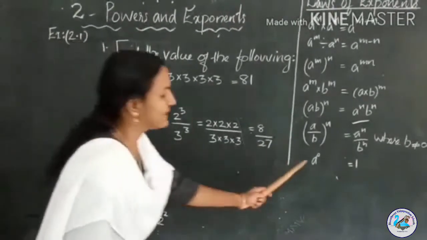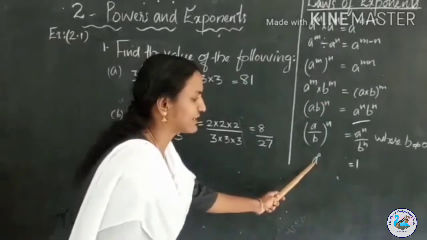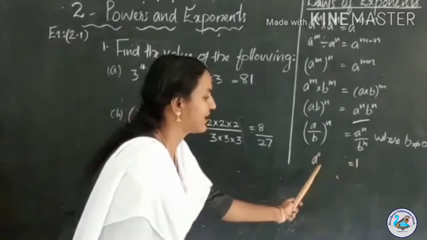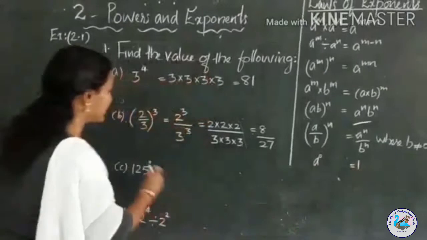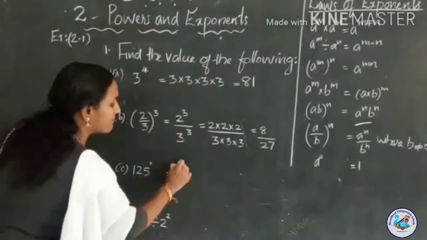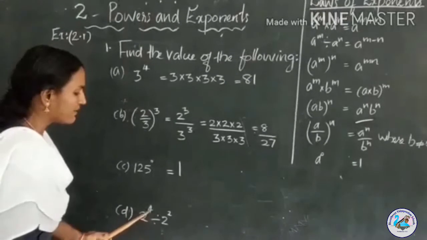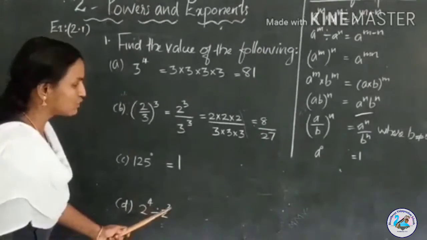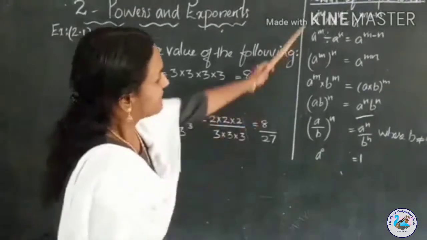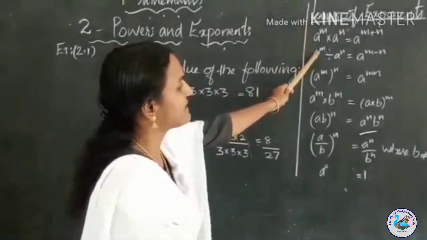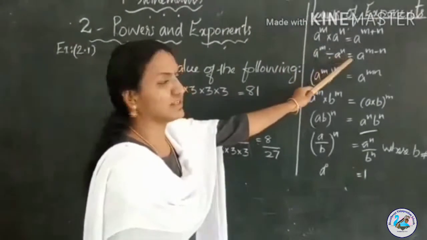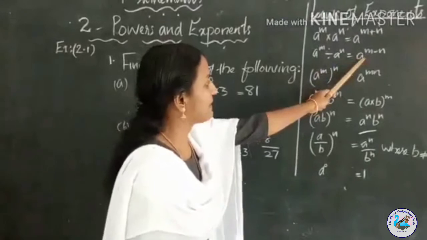Third question, 125 raised to 0. We studied that any number raised to 0 is 1. A raised to 0 is 1. So 125 raised to 0 is 1. Move on to the last question, 2 power 4 divided by 2 square. The second law: a power m divided by a power n is equal to a power m minus n.